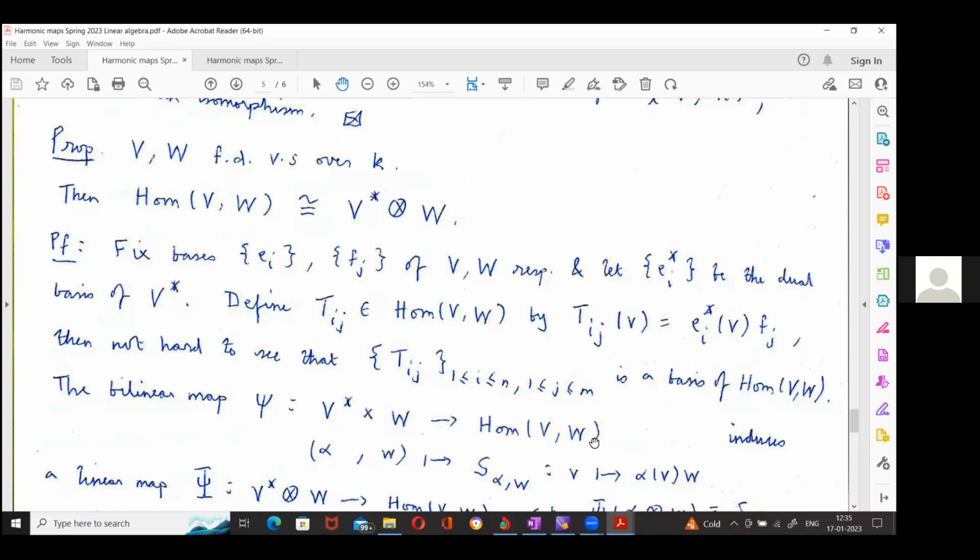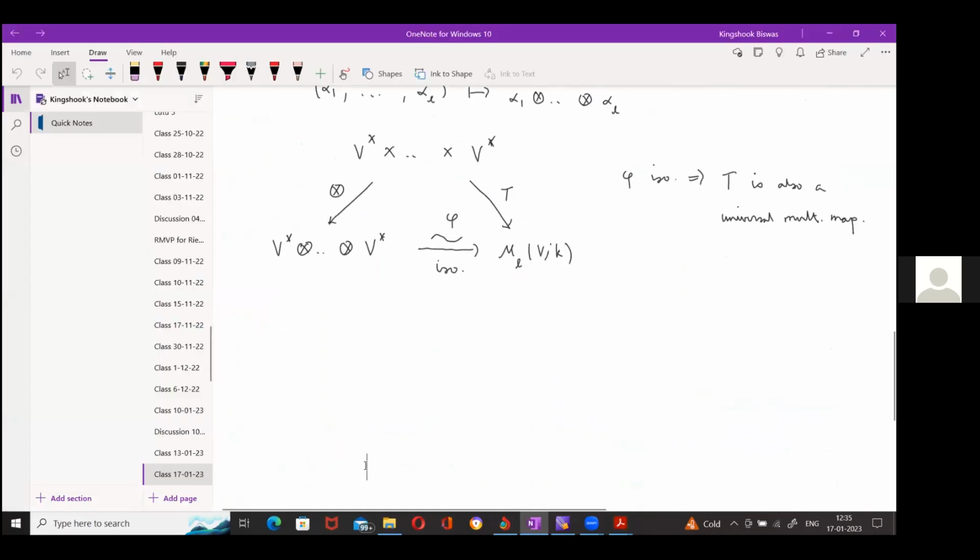So that means this T_ij goes from V to W, v maps to e_i star of v times f_j. So if I apply this to the basis vectors e_1 to e_n, then all the basis vectors map to 0 except the ith one maps to f_j.